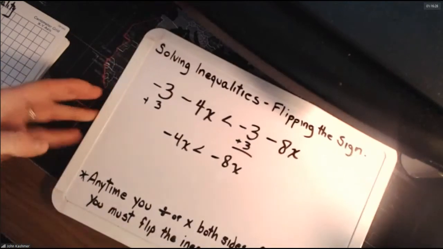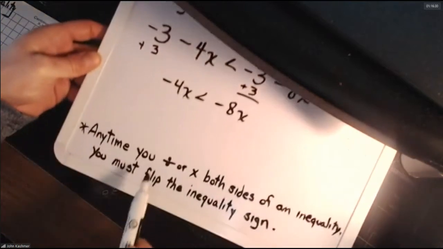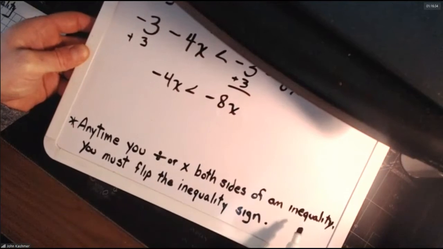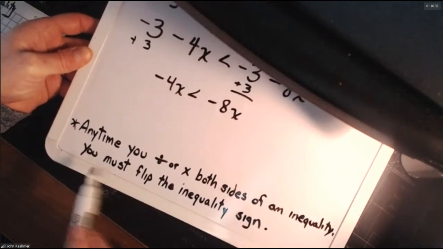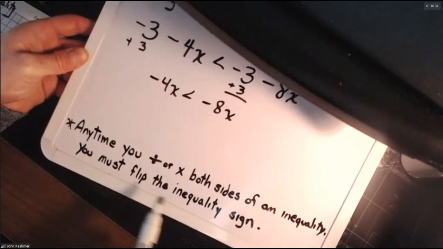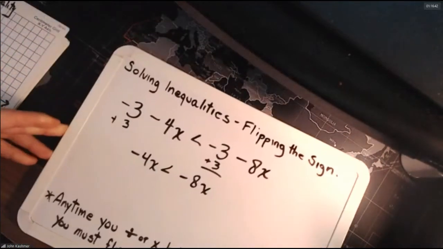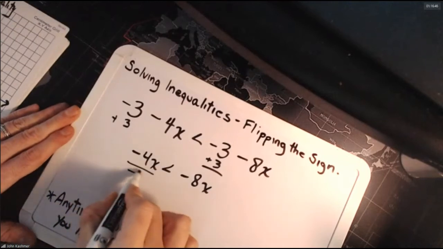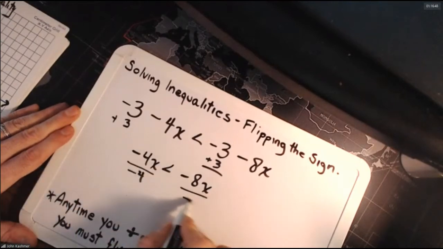Anytime you divide or multiply both sides of an inequality by a negative number, you must flip the inequality sign. That's very important or you'll get the whole problem wrong. So for example, we now would divide both sides by negative 4 to isolate x.